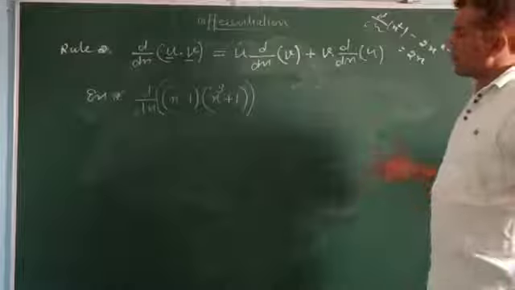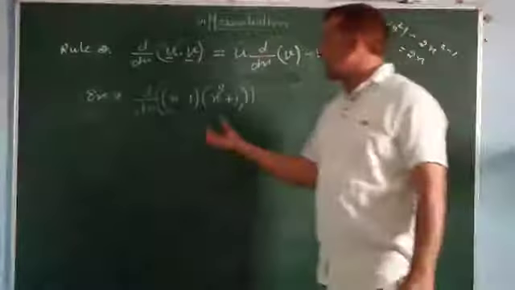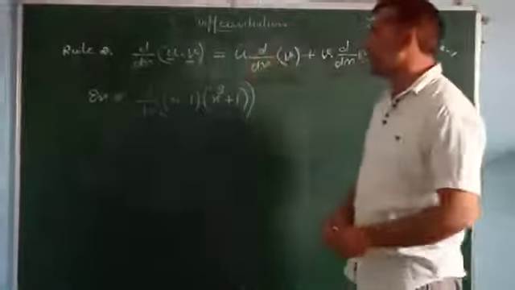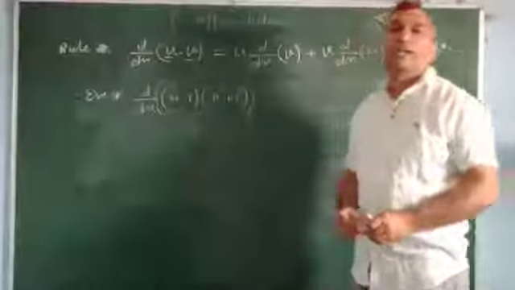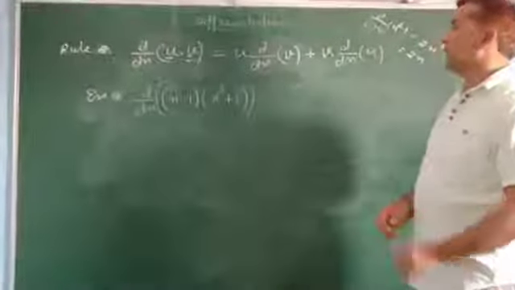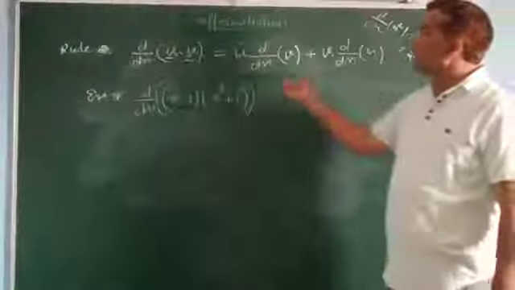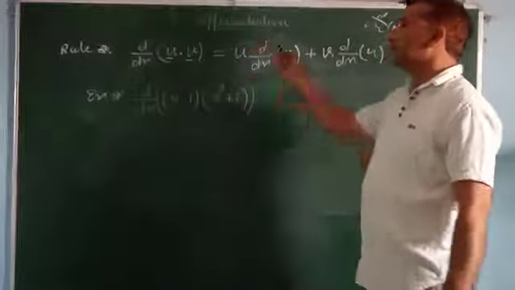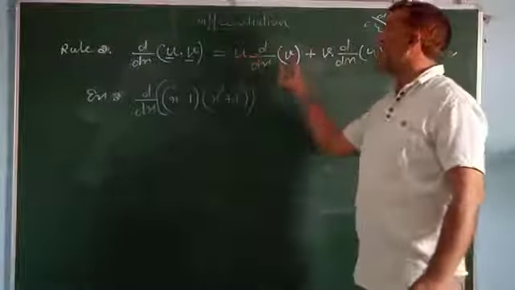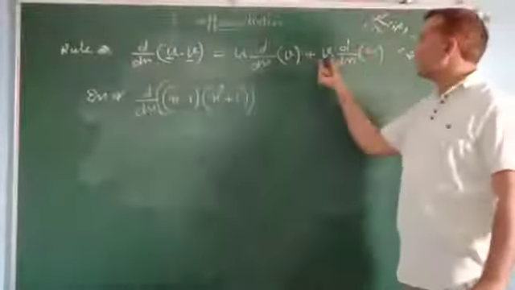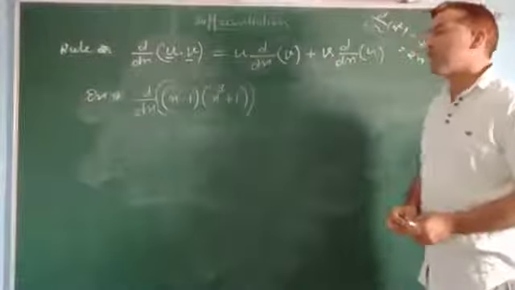Here we are looking, there are two functions, x minus 1 is the first function and x cube plus 1 is the second function. So here we will apply the product rule, that is first function as it is into derivative of second function plus second function as it is into derivative of first function.